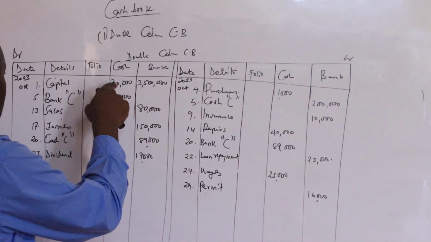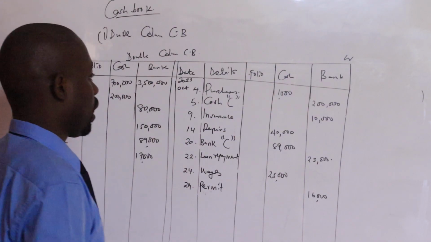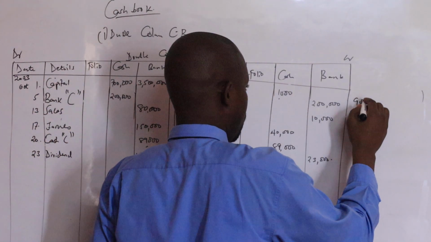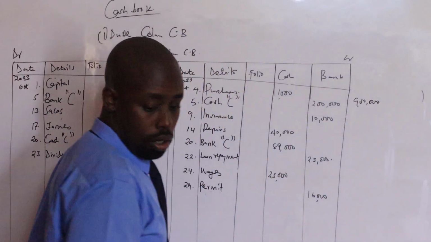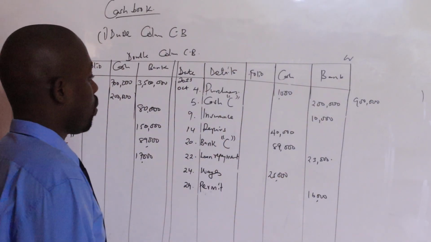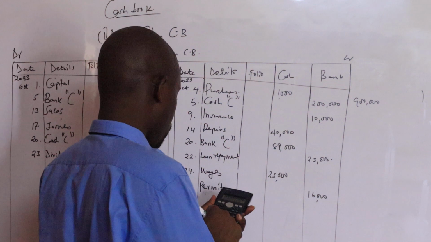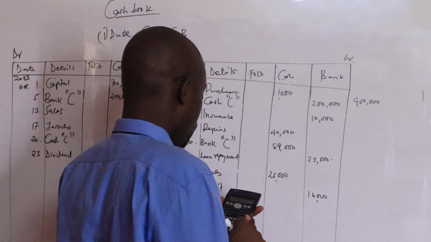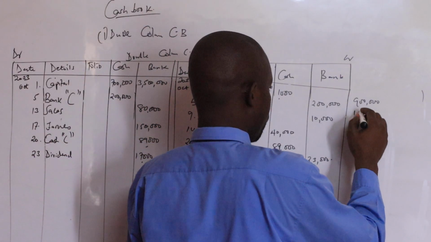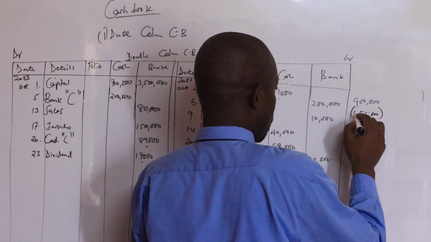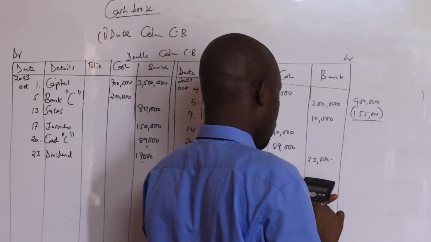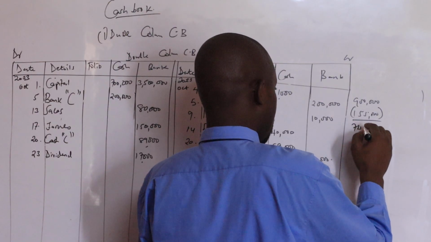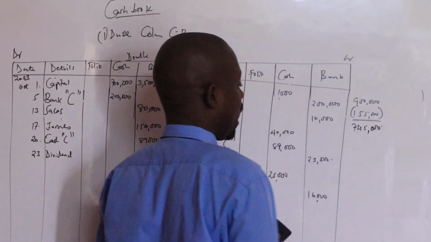The inflows were 700 and 200, making it 900,000. Then outflows so far from cash, we've got 41 plus 89 plus 25. We have had 155 paid out. So far, we're having a net figure of 745 in the cash till.